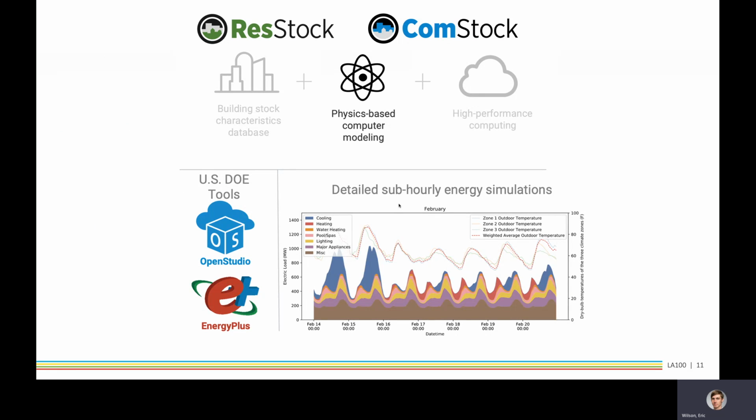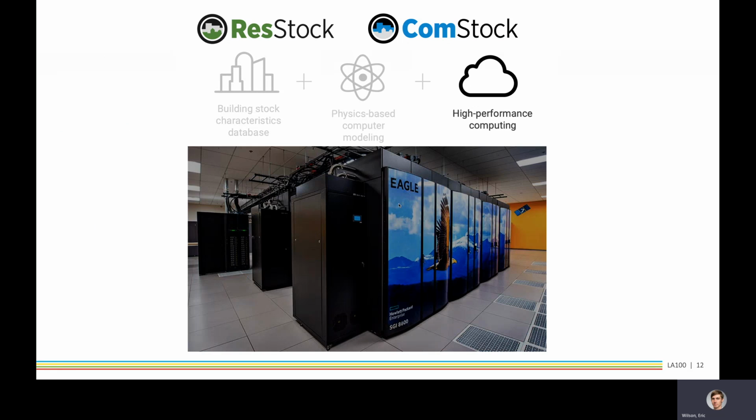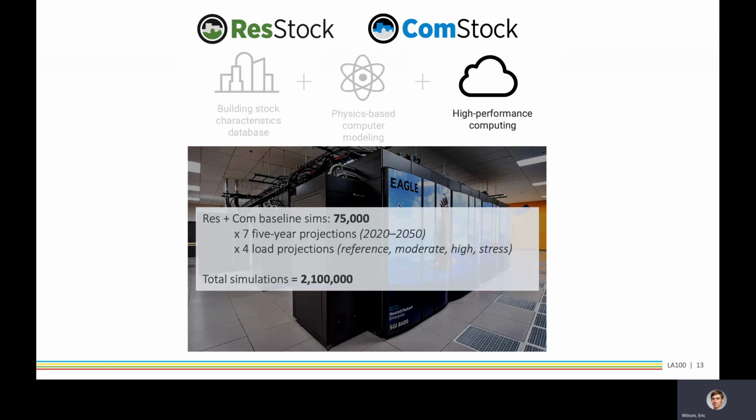And finally, for high-performance computing, for this analysis, we used the supercomputer at NREL, and we ran 75,000 simulations to represent the baseline residential and commercial building stocks. And then we did seven future year projections, stepping forward 5 years at a time out to the year 2050.